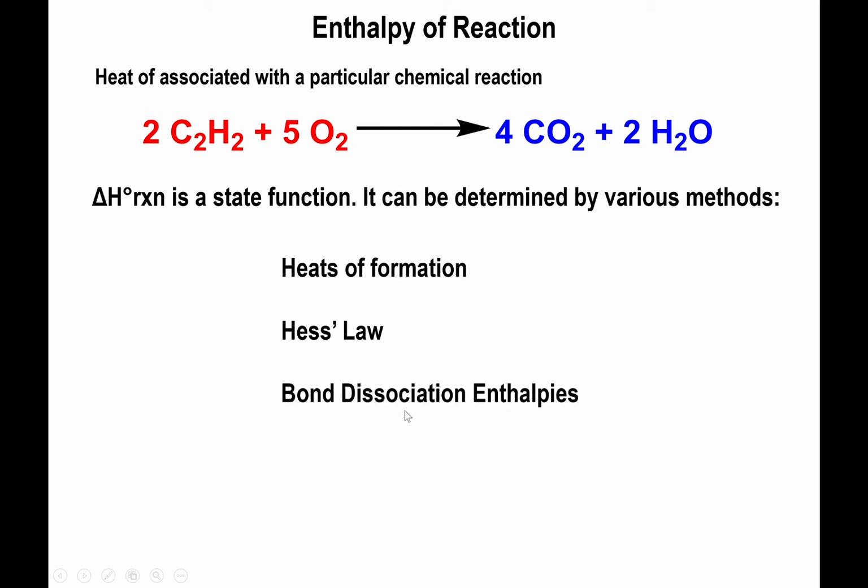And the last one we're going to look into is the bond dissociation enthalpy. They're not the only ways to do it, and in fact, in future lectures I'll show you for certain processes a Hess's law type of approach to finding enthalpies, but we'll get to that in due time. For now, we're going to focus on these three at face value.